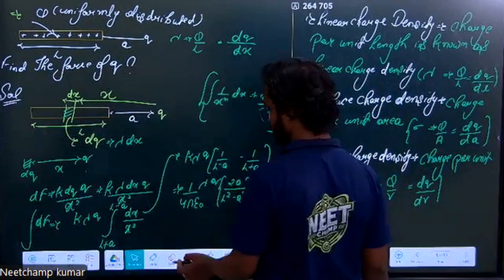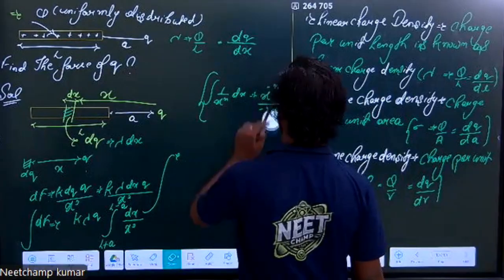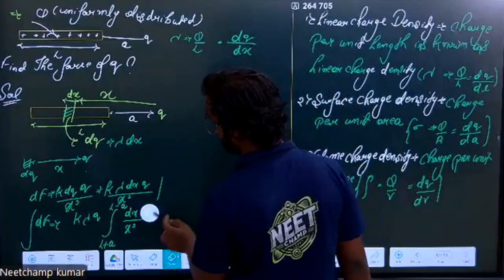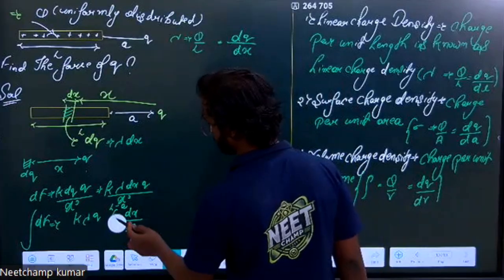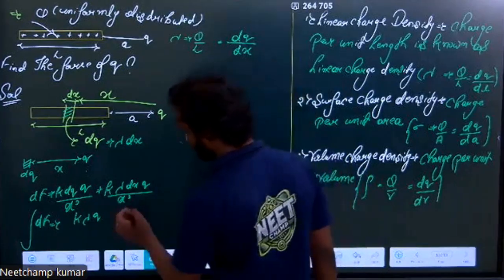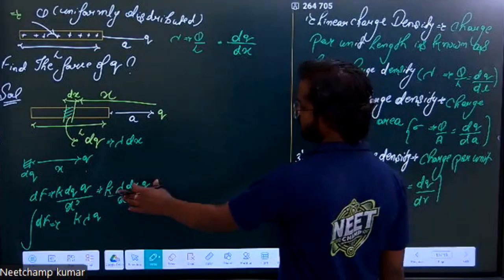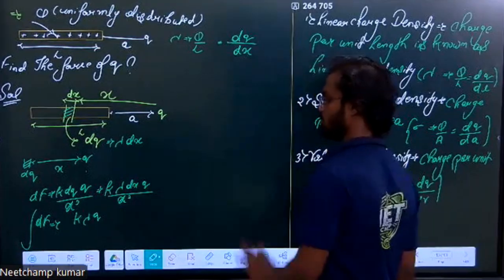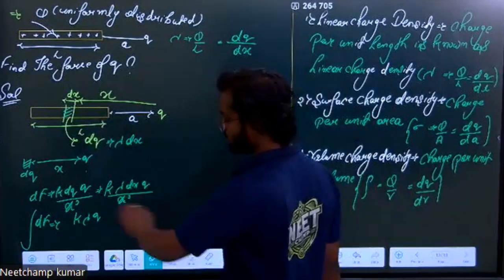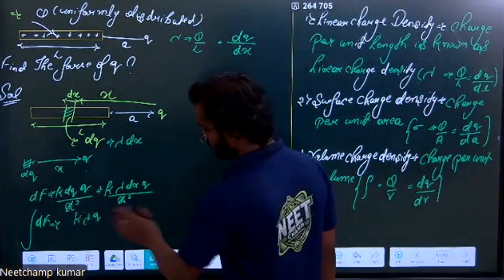Basically, let me write it again for you. See, this is the small force we have written. Now what we have to do is integrate this force to get the total force. So I am taking all the constants to this side and the variable to this side.